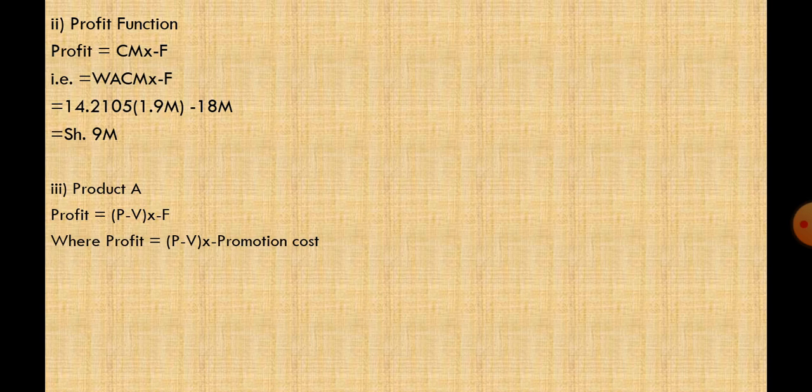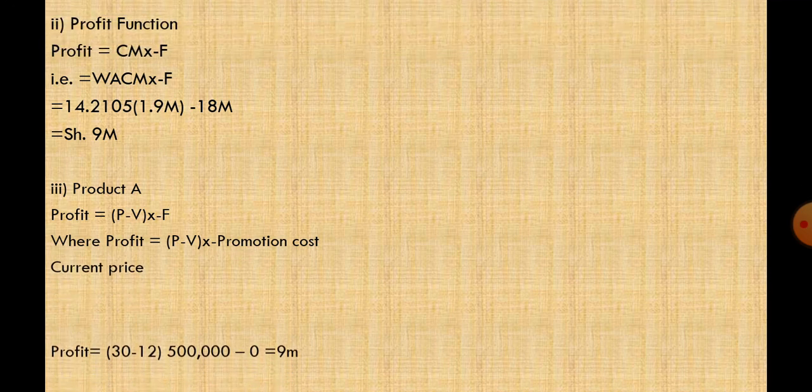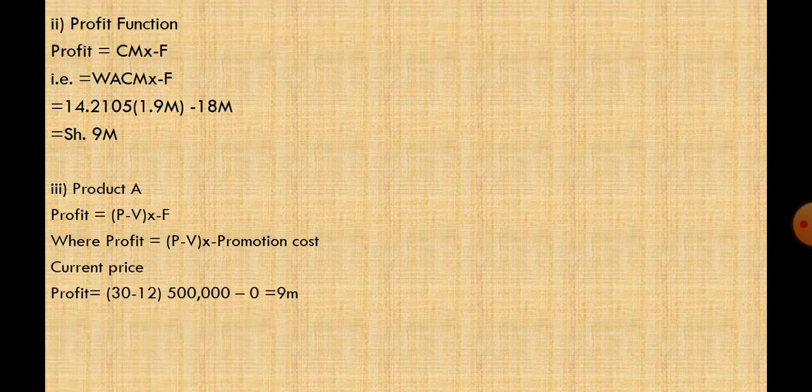But the units sold here are 500,000. In that sense, under product A, there is no promotion cost. So we'll be having such an equation. So currently, product A has that effect and it is making a profit of 9 million.